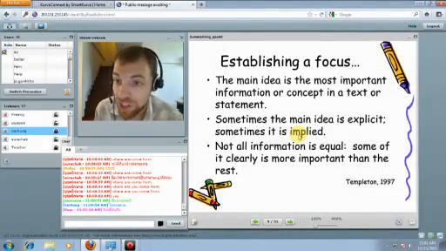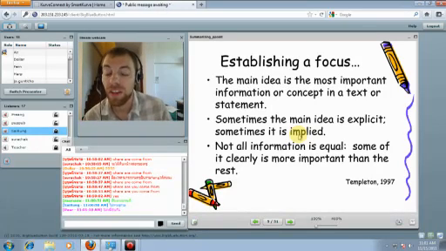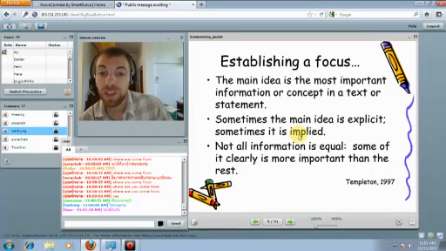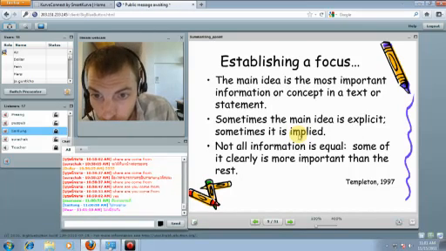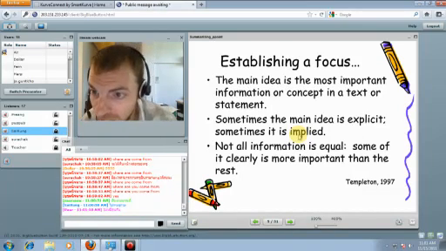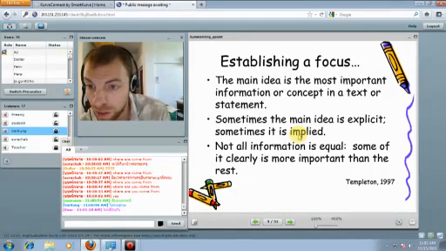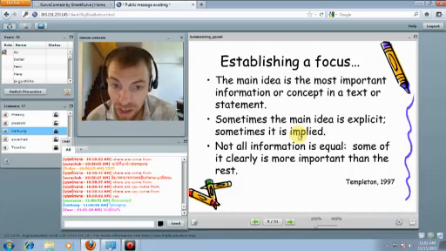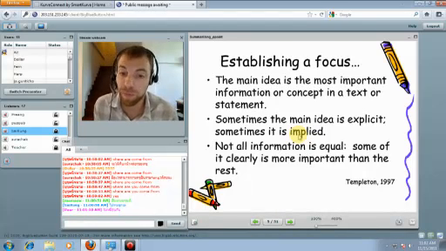So, establishing a focus. A focus is what each paragraph or paper is about. So here the main idea is the most important information or concept in a text or a statement, like a speech. So main idea, the most important.